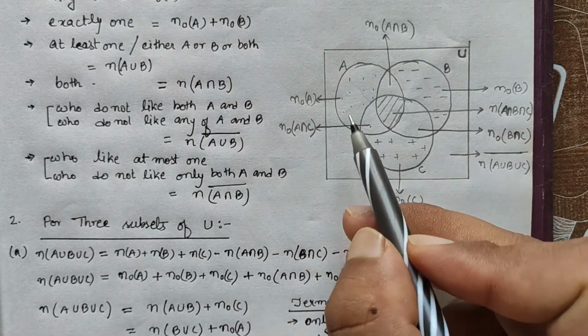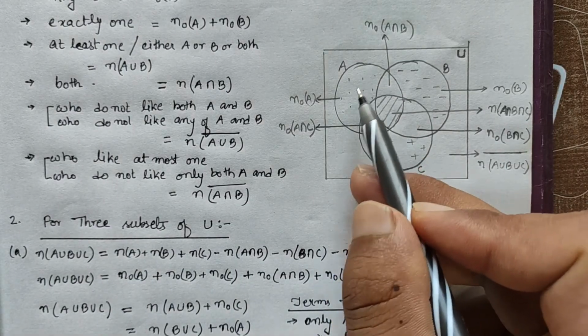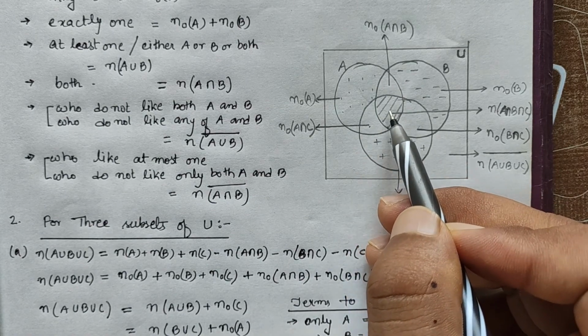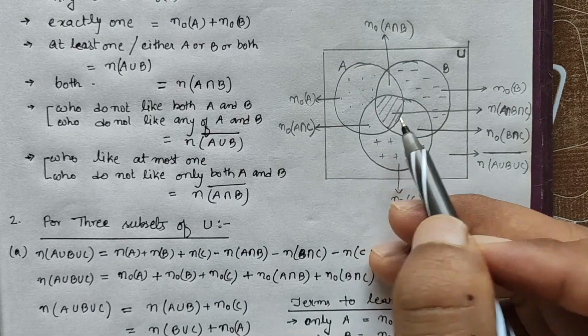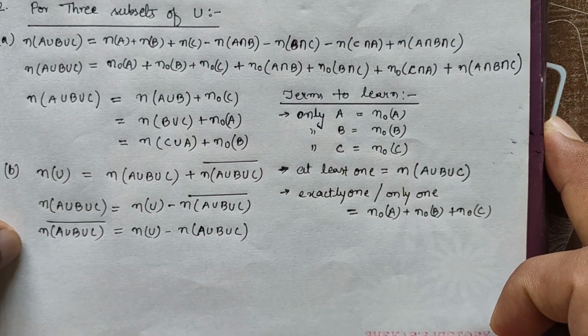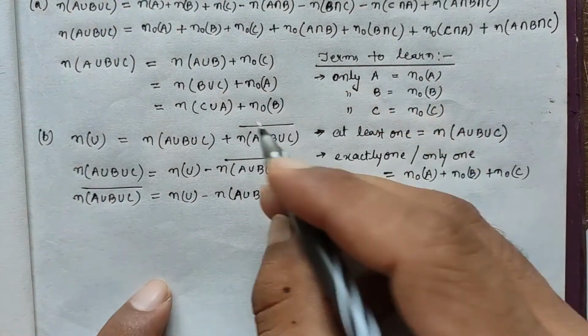This part has nothing common, that is only in A, but this part is common in A and B, and this part is common in A, B and C. So when the question asks you to find exactly one, you have to find n(only A) plus n(only B) plus n(only C).